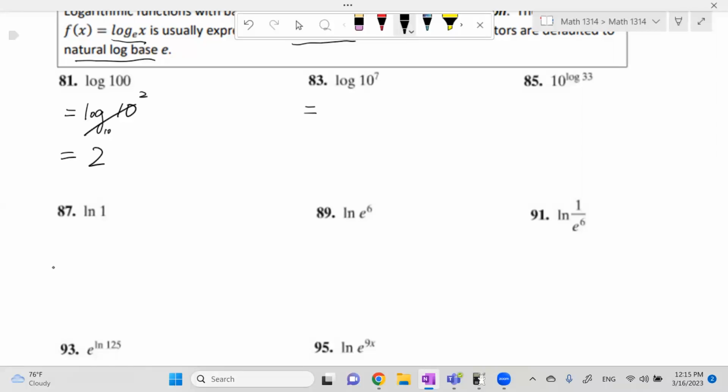Even though I don't have a 10 here, I know that's the common log, base 10. So we have 7. And next one, 10 to the log 33. We can put a small 10 here and cross out. We have 33 left. We're using the properties.